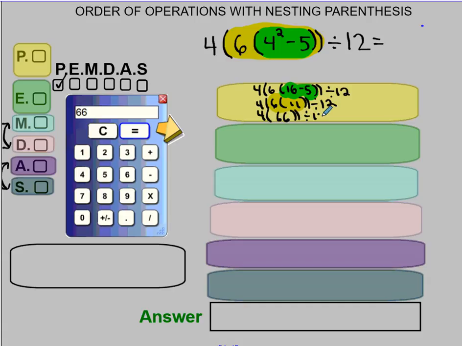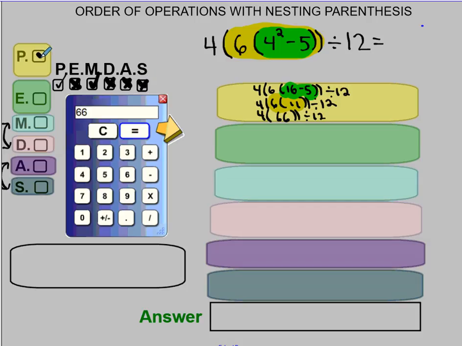Now, we've completely done our parentheses. So we had no exponents within the main parentheses. We had multiplication, no division, no addition, no subtraction. All right?